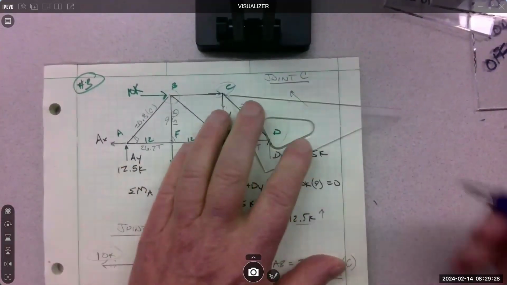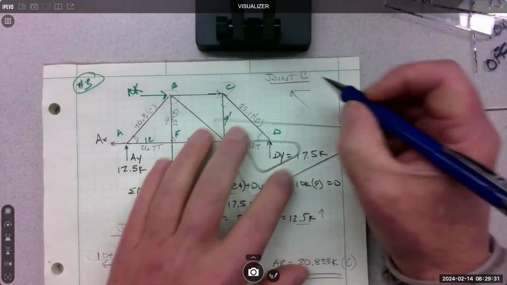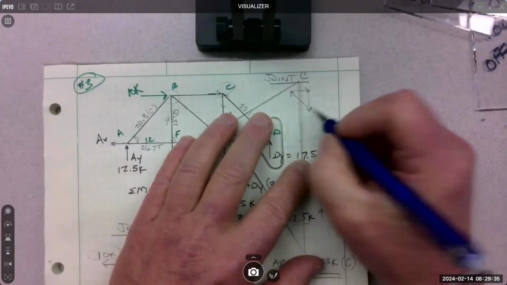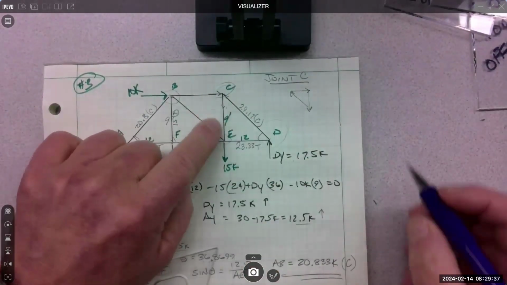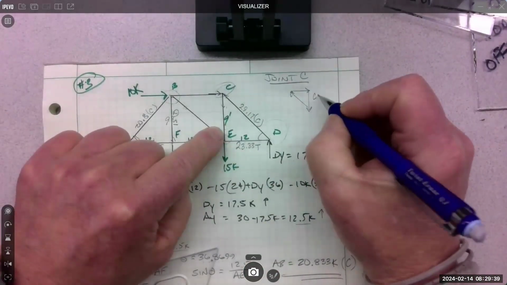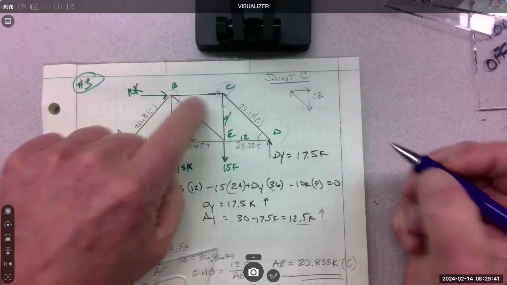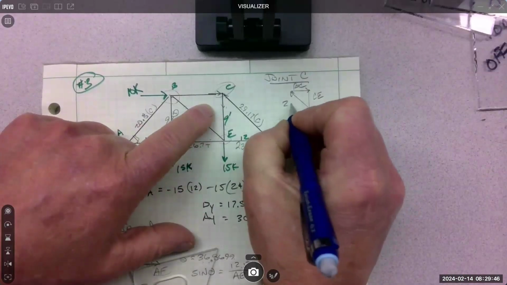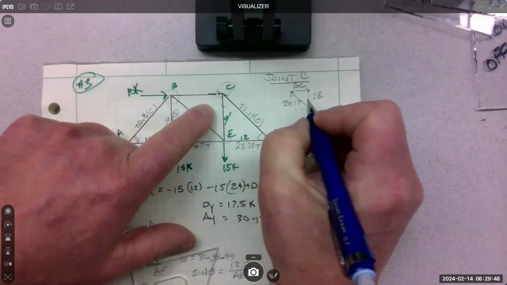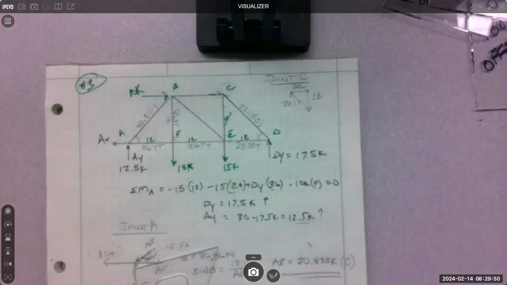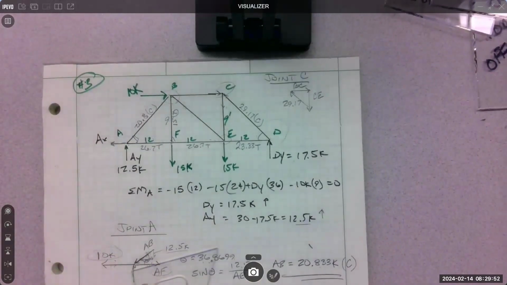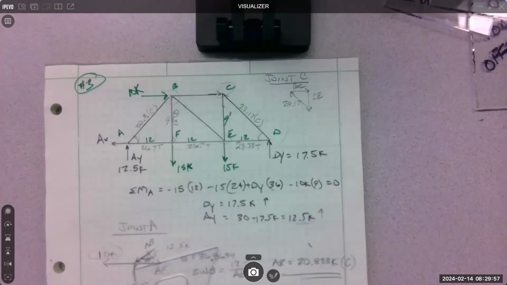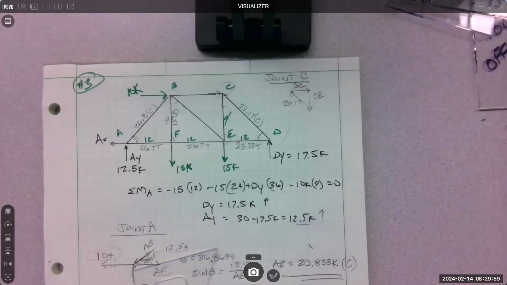So I'm just gonna go straight to the force triangle at joint C. So this is CE. This is BC. And this is 29.17 for the hypotenuse. If you see three forces, you can build a triangle. You don't have to do the component analysis.